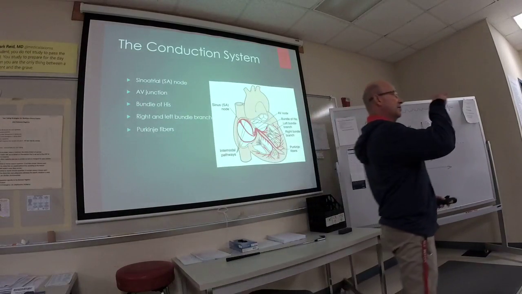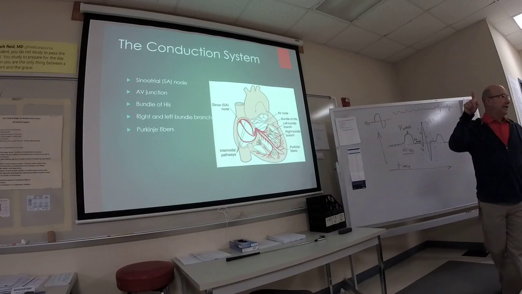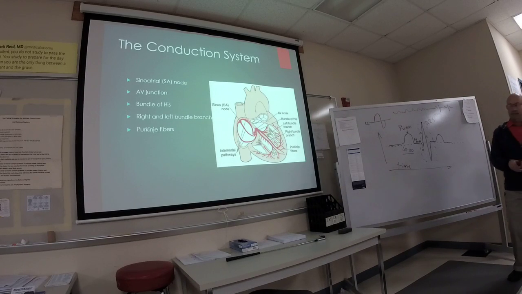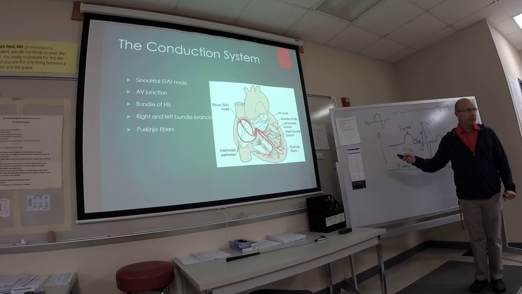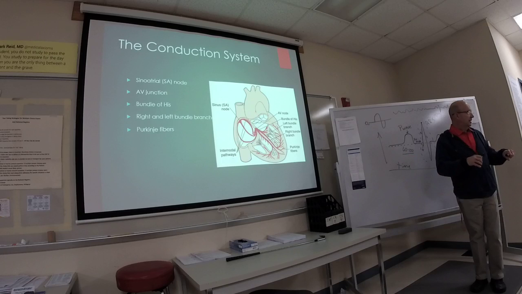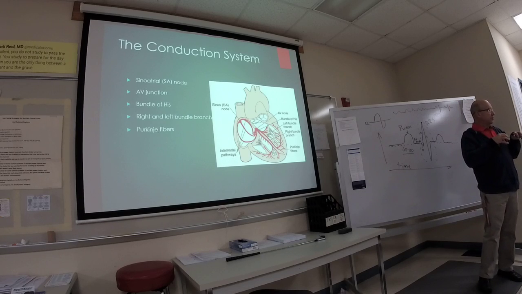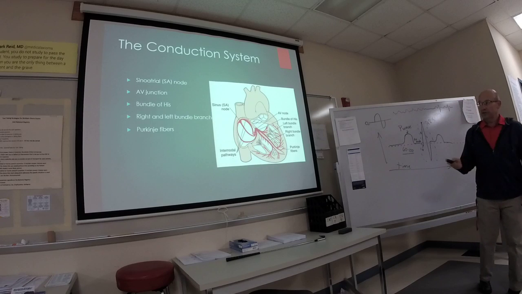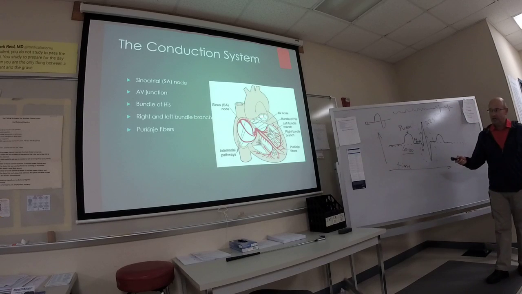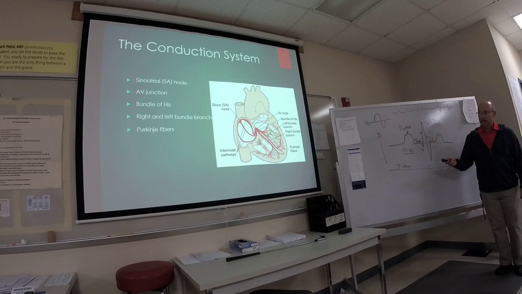So when the SA node depolarizes, it also takes a turn over to the left atrium, because the right and left atria contract, or depolarize, together. But we won't follow that. We'll just follow it down this way.